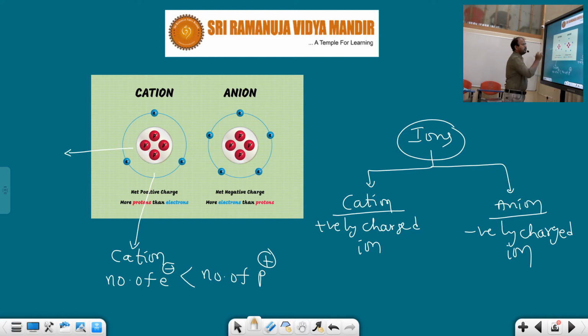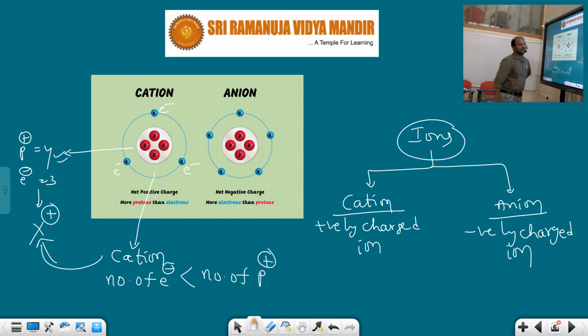In this given example, how many protons are there? Protons are 4. How many electrons? Electrons are 3. Compared with the electron number, protons are more, positive charge is more. That's why a cation is formed. Cation is nothing but a positively charged ion.